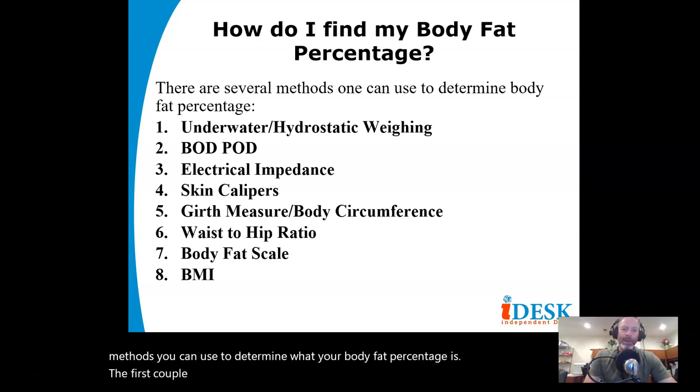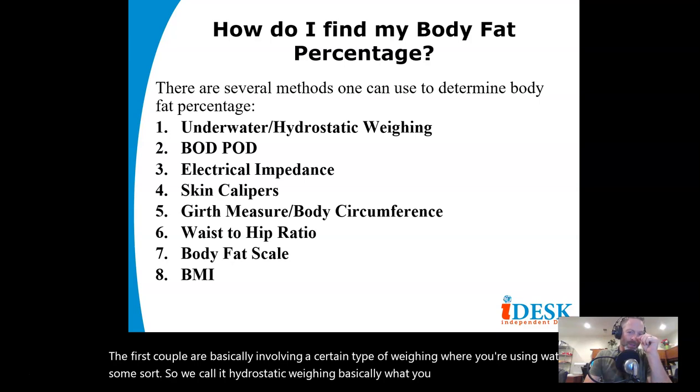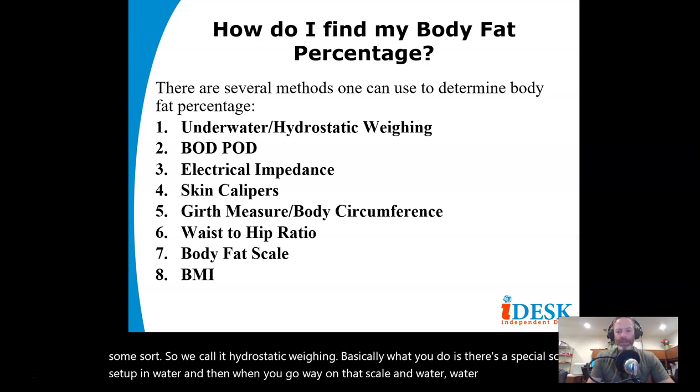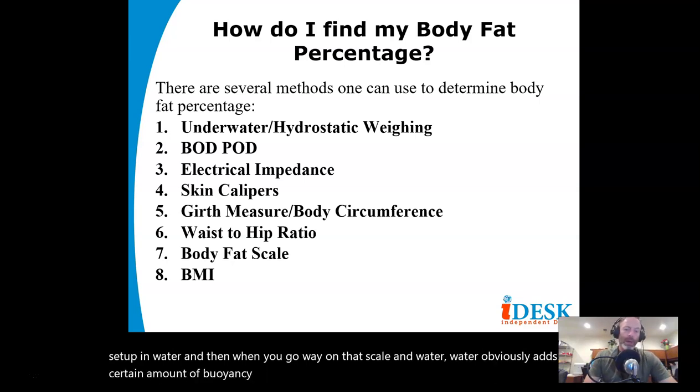The first couple basically involve a certain type of weighing where you're using water of some sort. We call it hydrostatic weighing. There's a special scale set up in water, and water obviously adds a certain amount of buoyancy to the weighing.